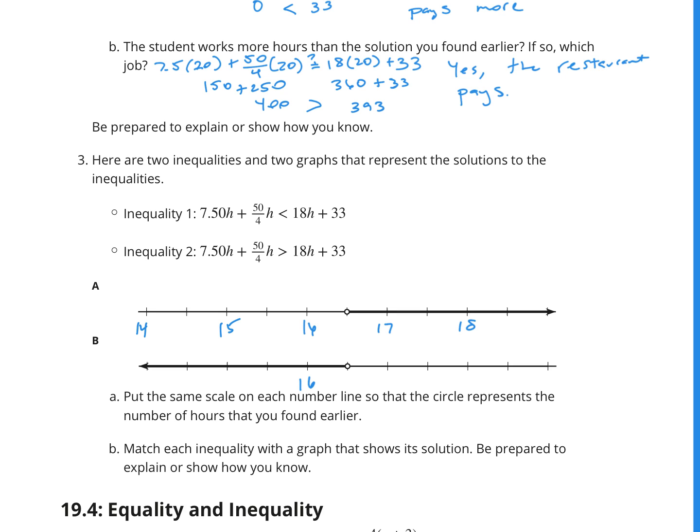And I'm going to put that on both of them because the scale doesn't change. 17, 18. And then it says match the inequality with the graph that shows its solution. So this first inequality is talking about when the hotel pays more. And the second one talks about when the restaurant pays more.